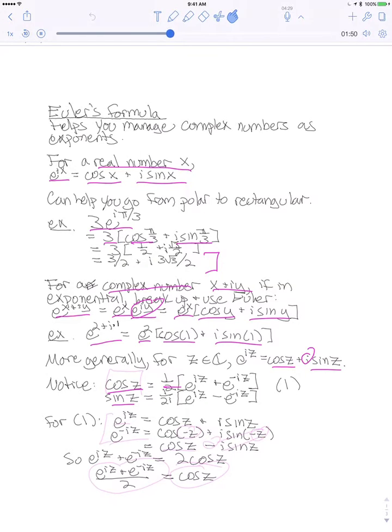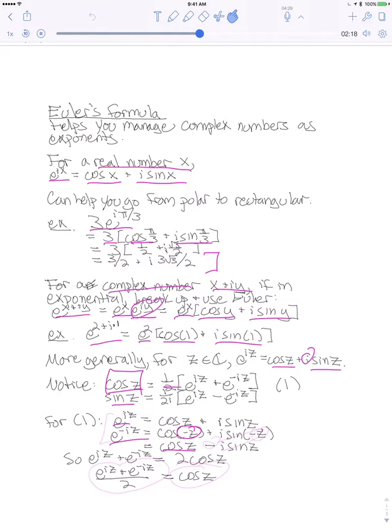Let's take the cosine expression here. We calculate e to the iz is cos z plus i sine z. e to the minus iz is cos minus z plus i sine minus z. Since cosine is an even function, we can lose the minus sign inside the cosine, so that term is cosine z.